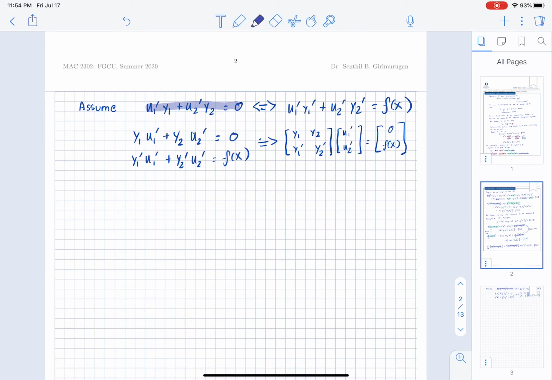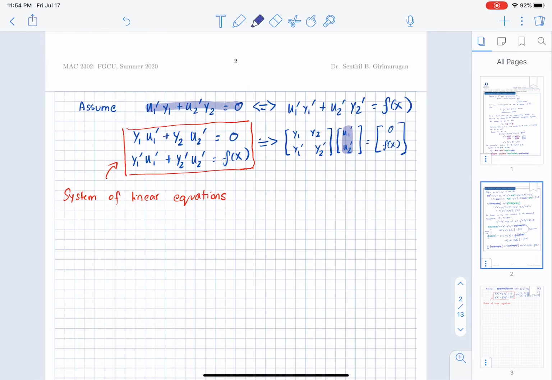Now, we all know that this is a system of linear equations. If you recall algebra, what we have here on this side is a matrix, and I wrote it in terms of u1 prime and u2 prime. Our goal is to solve for that.